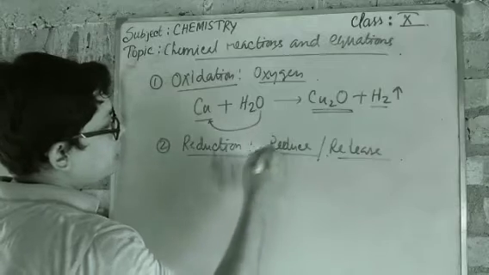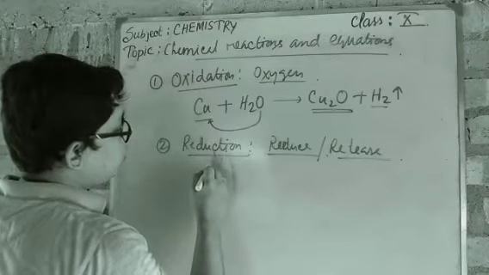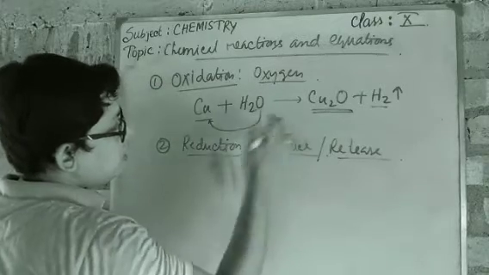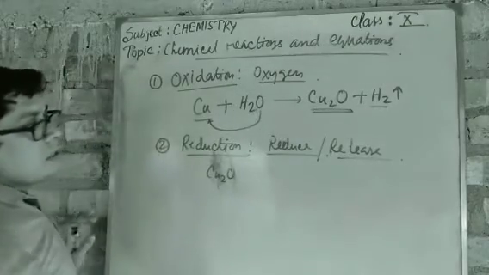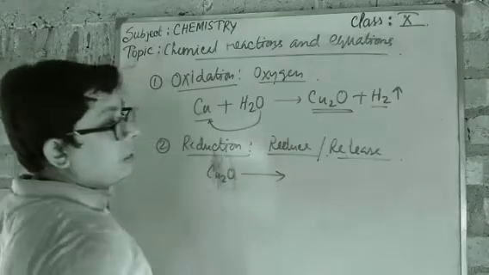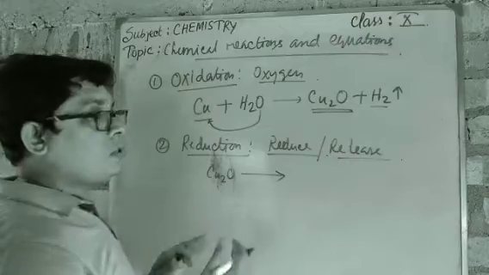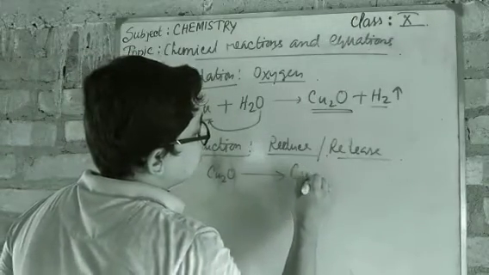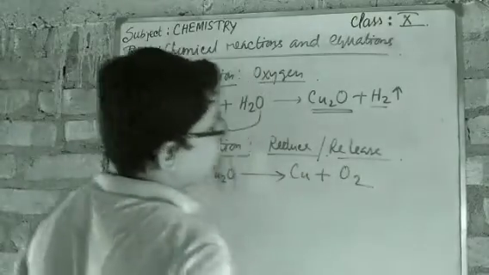So if we take the reduction process, Cu2O, I am taking this, and if we decompose it, or go through the decomposition process, got it, then what will happen? It will come as Cu plus O2.